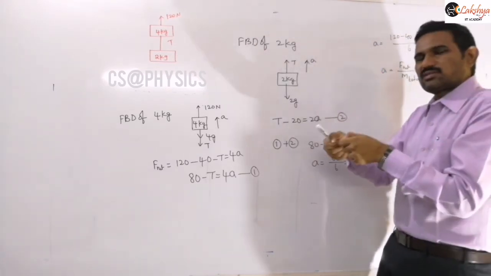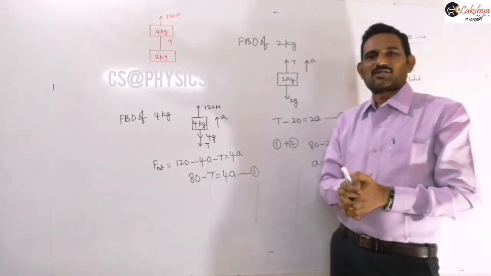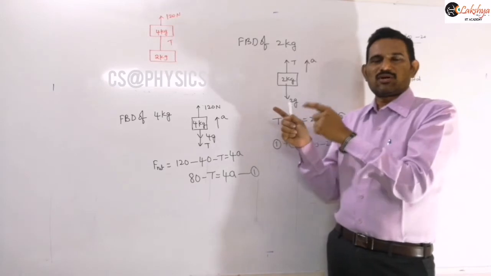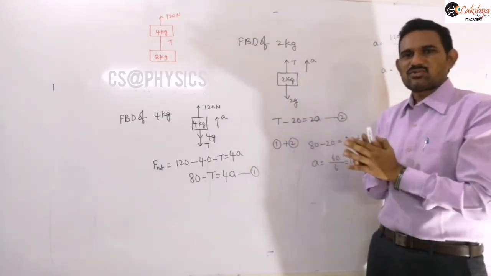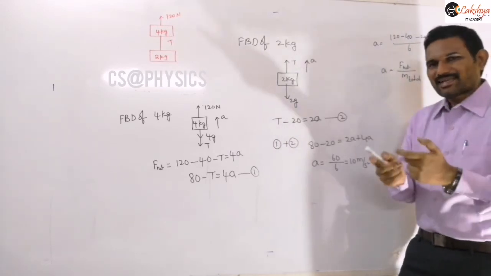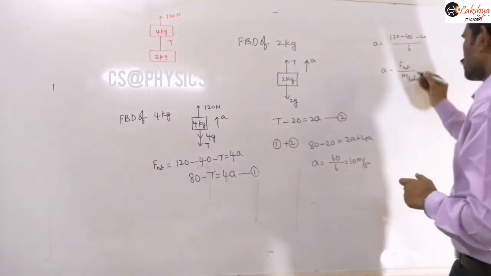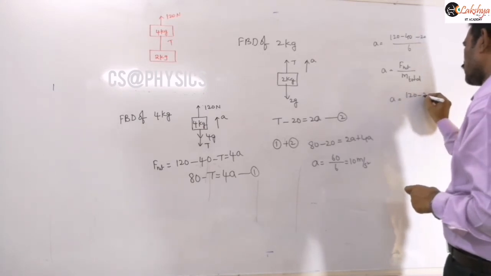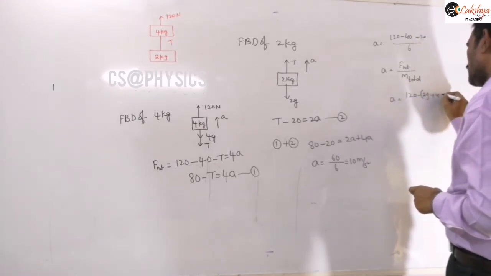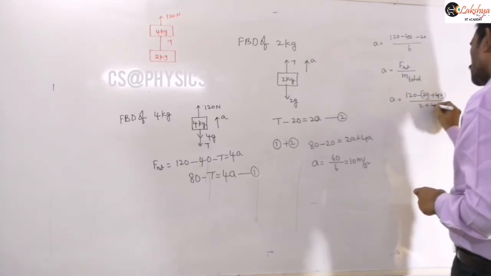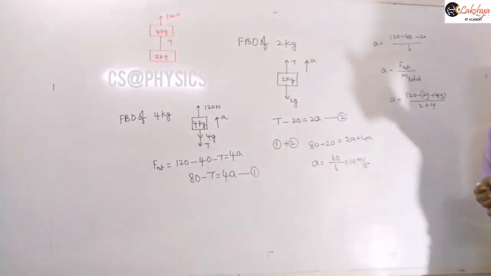That 120 newtons is trying to pull the system in the upward direction, but the weight of the 4 kg block and the weight of this 2 kg block are opposing the motion. So the net accelerating force is 120 minus of 2g plus 4g, by the total mass in motion, which is 2 plus 4.